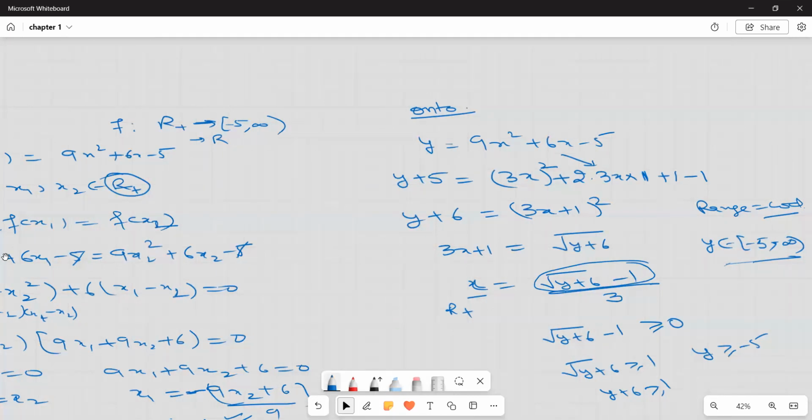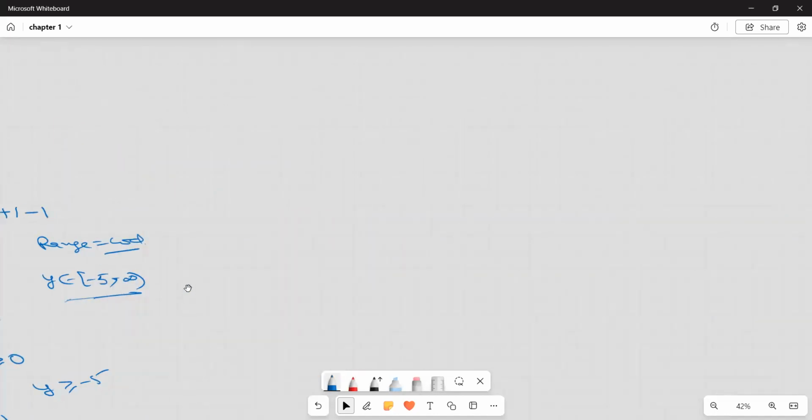Next one is equivalence relation. Equivalence relation, remember the important questions are: mod of x minus y is a multiple or divisor of 2, 3, 4, 7, it can be any number.